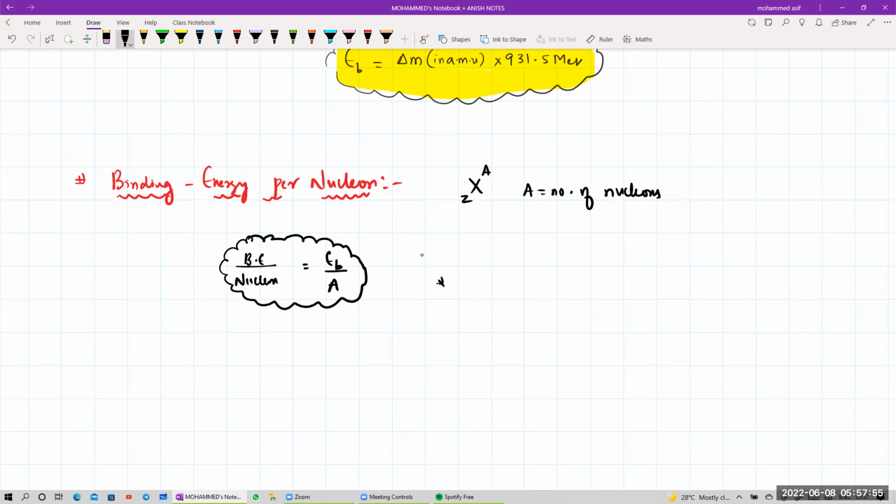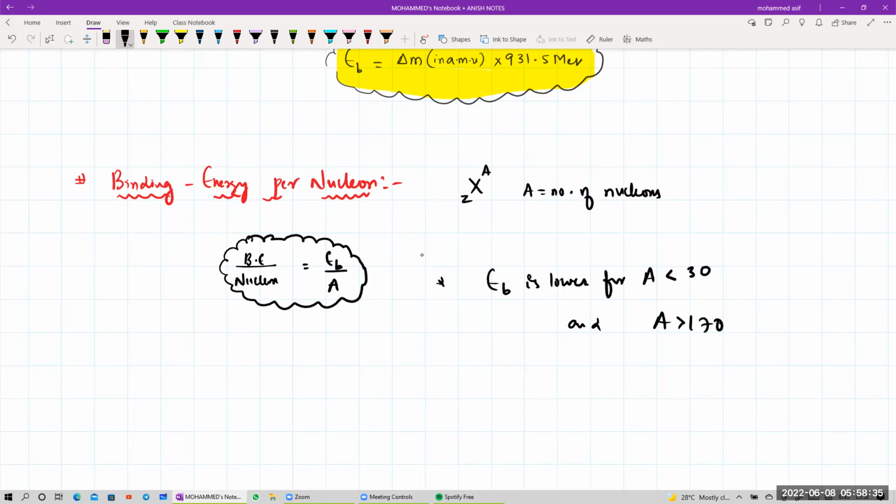What we need to remember here is that binding energy is lower for all the nuclei whose mass numbers are lesser than 30. Binding energy is lower for A lesser than 30 and also for A greater than 170.